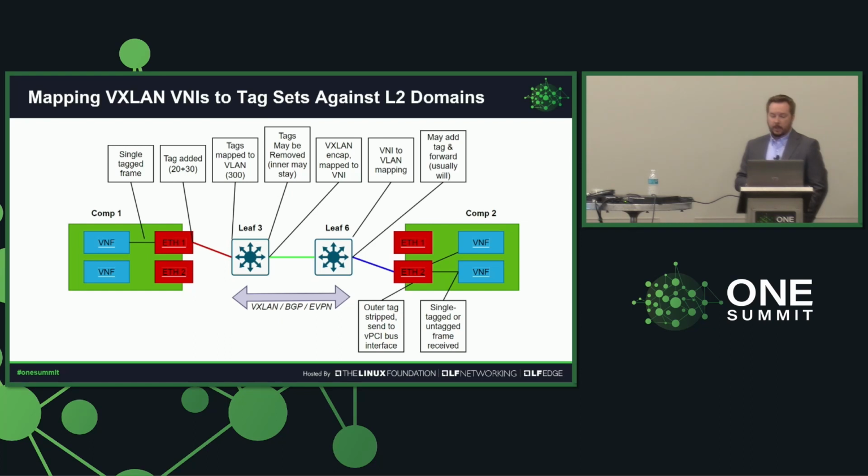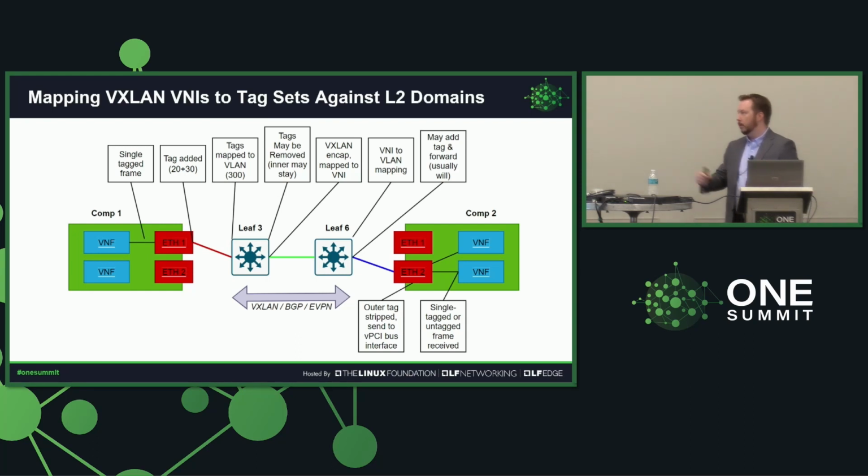And that traffic is VXLAN encapsulated when it's routed between those leaves. As it egresses leaf 6, the VNI to VLAN mapping occurs in reverse. It is on egress from leaf 6, typically going to wind up being double tagged. So we do a VNI to VLAN mapping and then push a tag on.